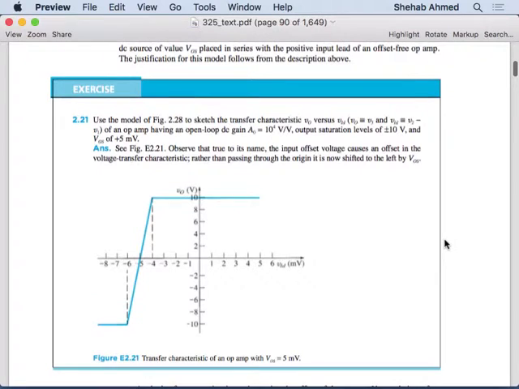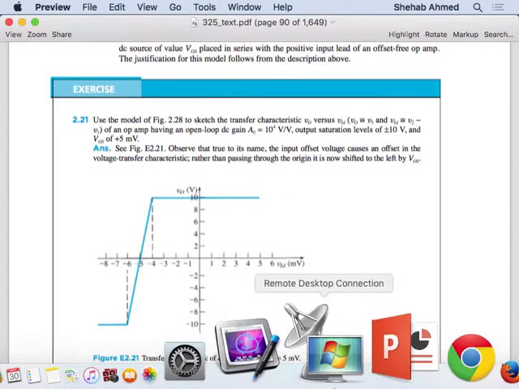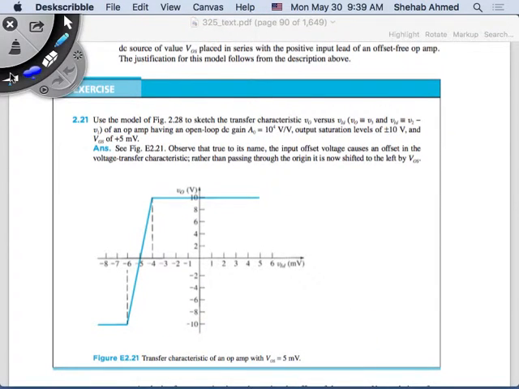Actually, before doing that, so if I have an amplifier in open loop, right, and there is no offset voltage, how do I draw the relationship between input and output? This is VID, the differential input of the amplifier.